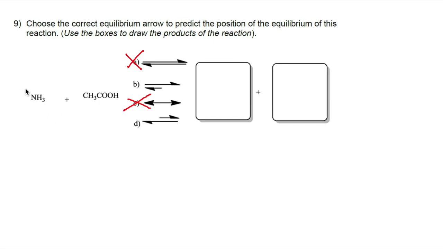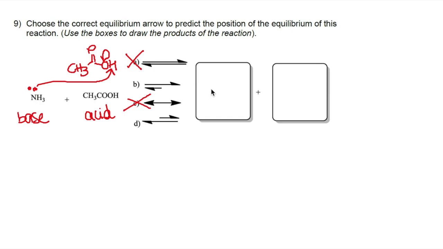So first of all, you need to identify that this right here is the base and this is the acid. This is an acid-base reaction, so what is going to happen is if you have your CH3OH there, that is going to come and get the proton.